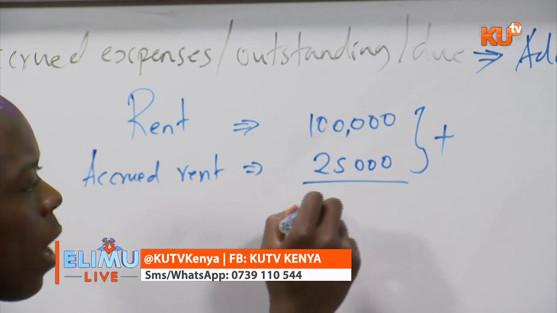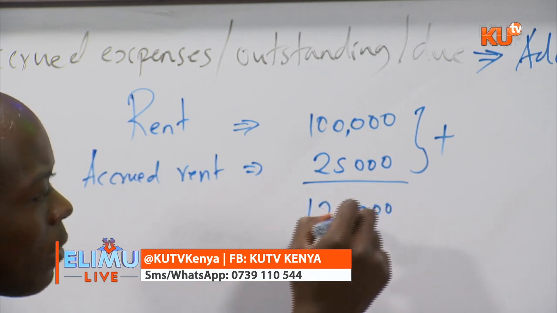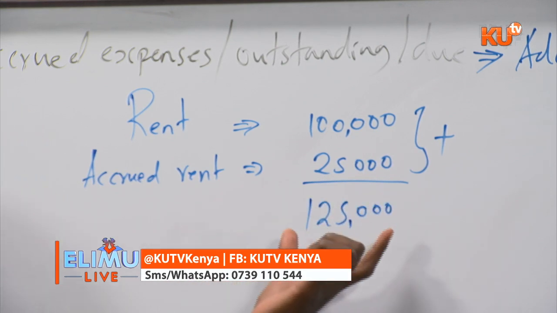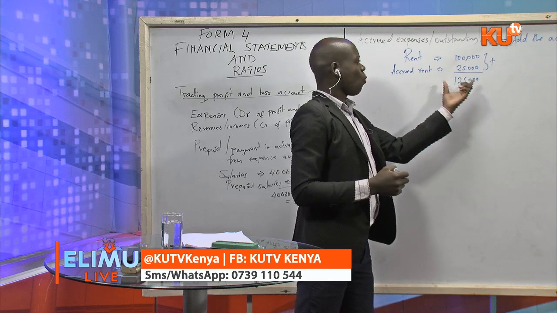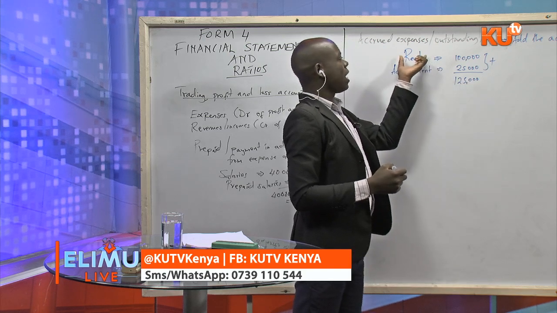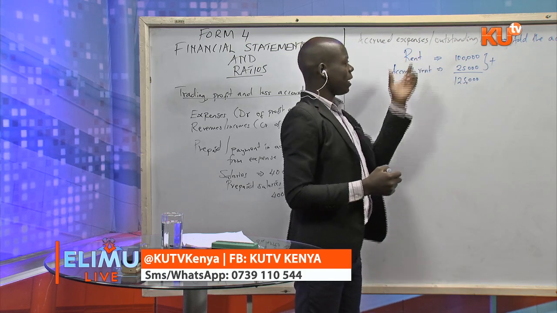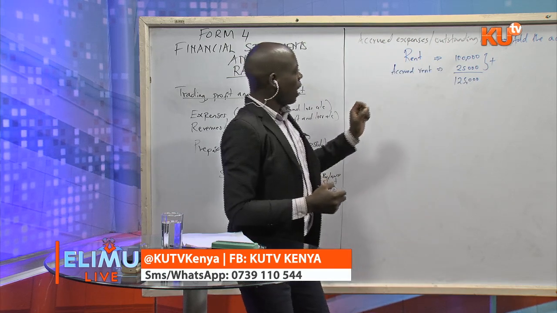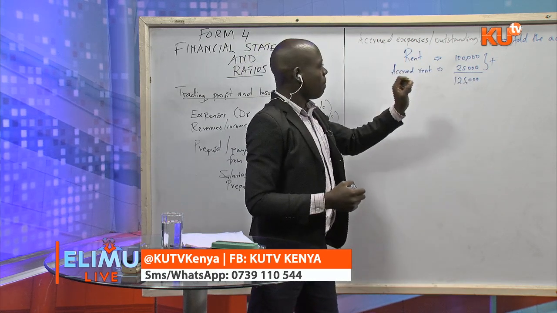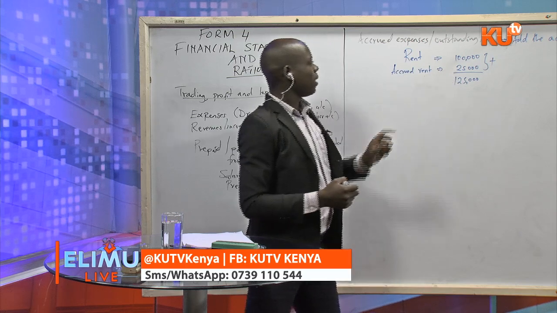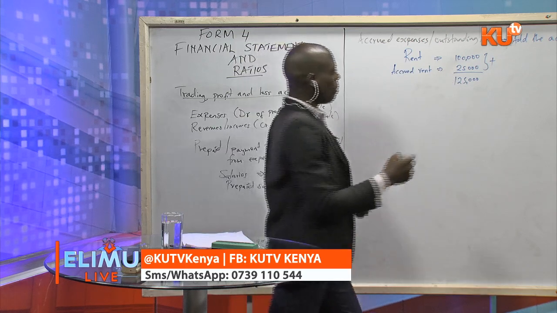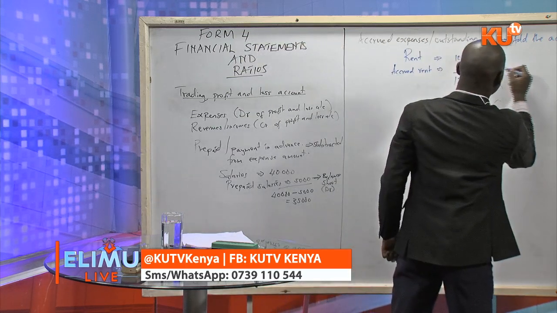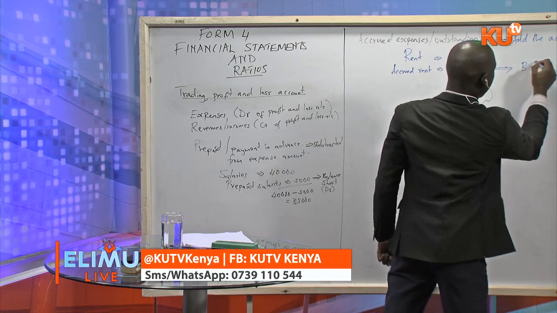This gives us 125,000. This is what will be captured in the profit and loss account as an expense in relation to rent. However, when we are making a balance sheet, we transfer the accrued rent to the balance sheet.